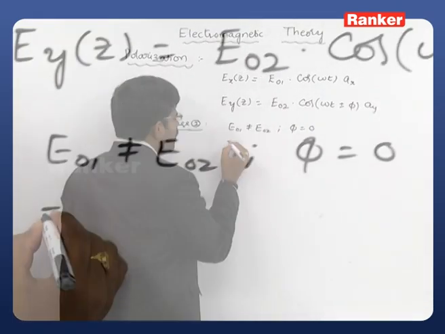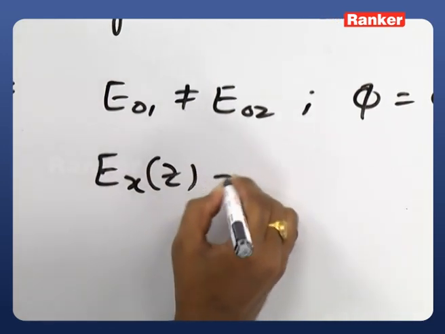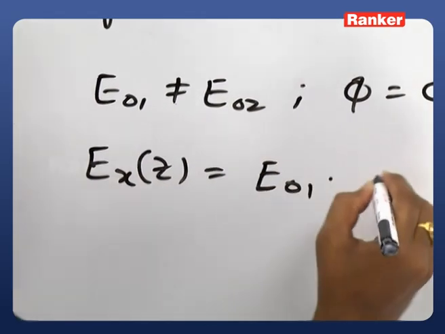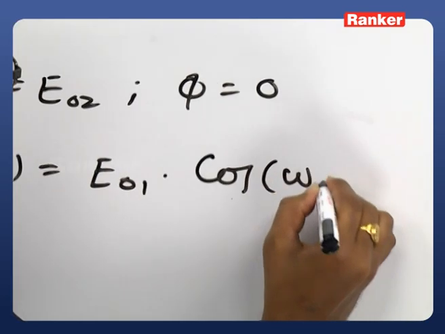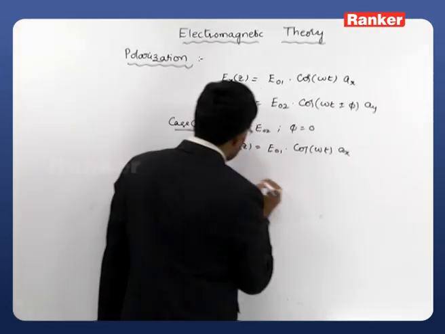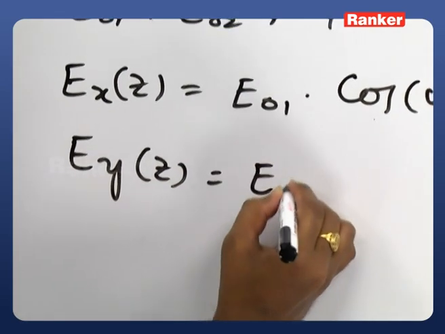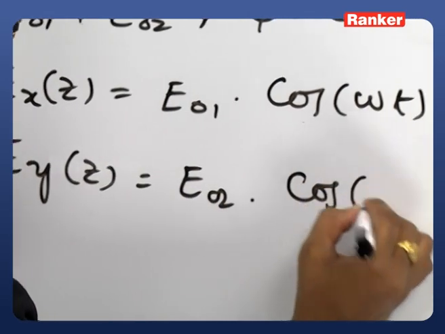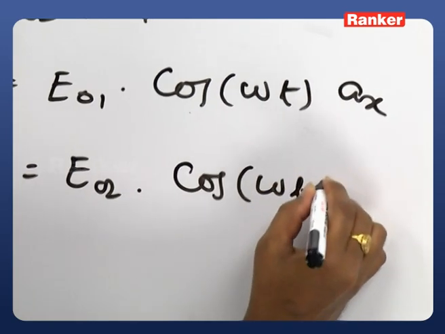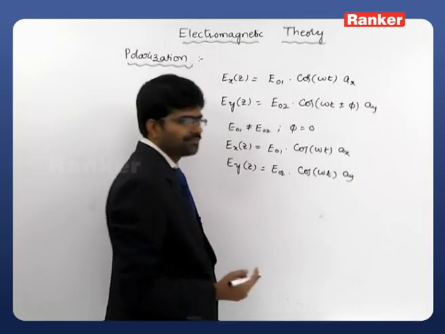Now write down the equation of x, that Ex of z is equal to E01 multiplied with cos omega t Ax. Write down the equation of Ey of z, which is E02 cos omega t Ay.